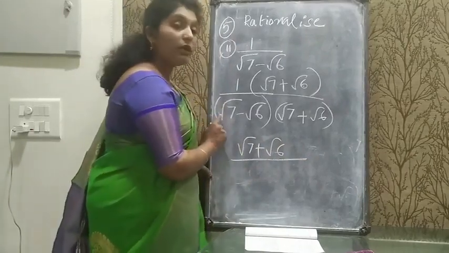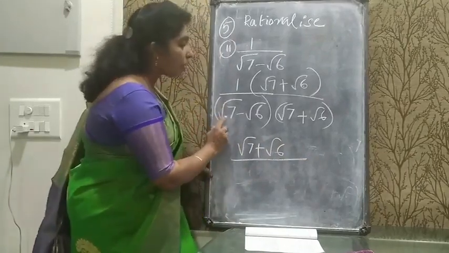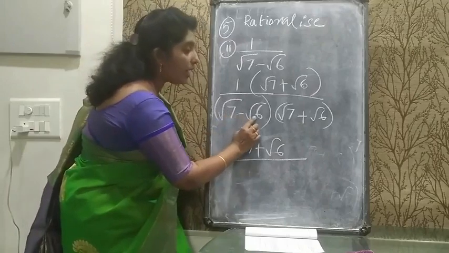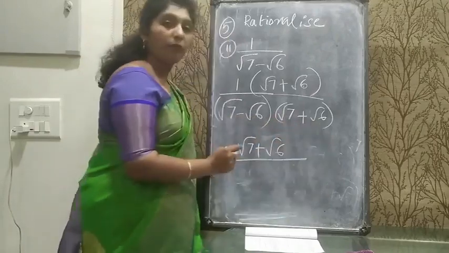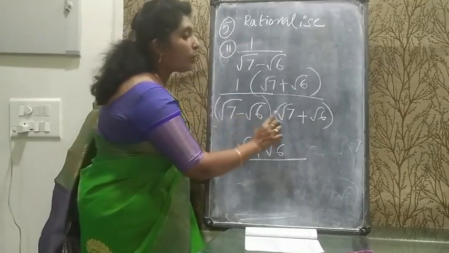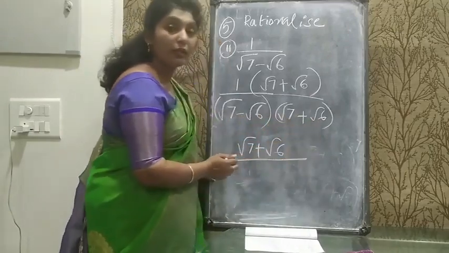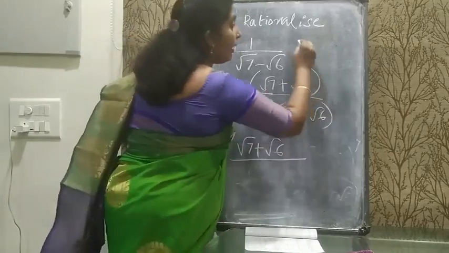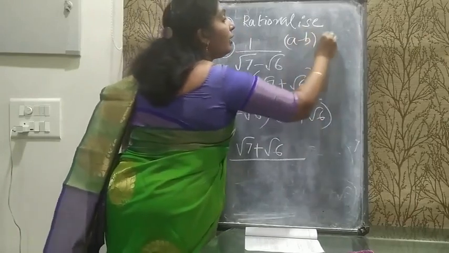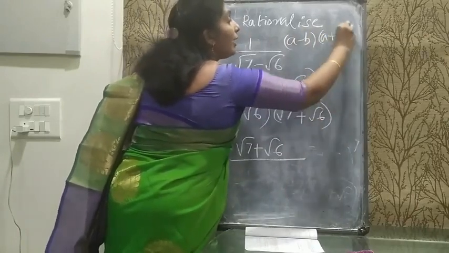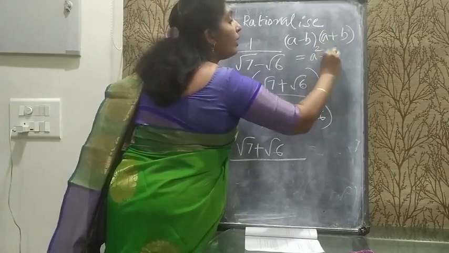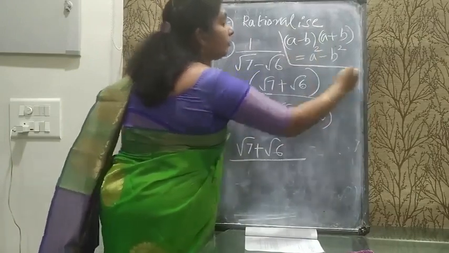Denominator, this type of question is already solved. This is in the form of a minus b into a plus b. A minus b into a plus b can be written as a square minus b square.